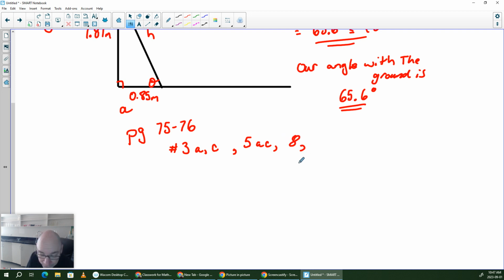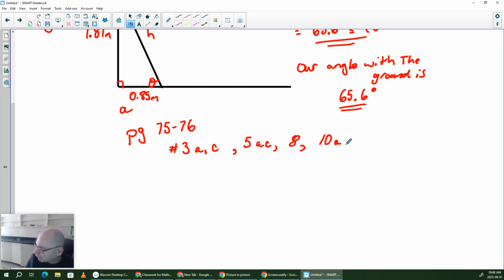And then skipping over, we'll flip over here, number 10. When they mean angle of inclination for number 10, they mean the angle with the ground. That's what angle of inclination means. We're going to do 2 of those as well.